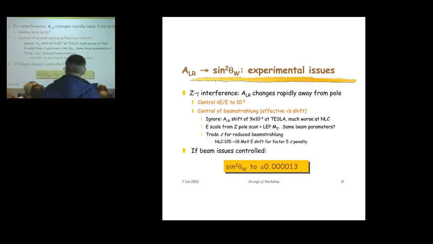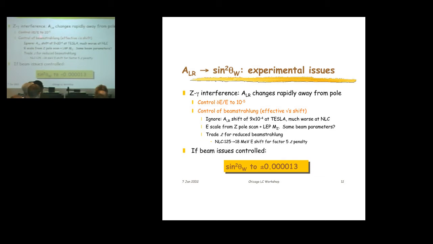With the NLC, you could take the expected shift of about 130 MeV down to about 20 MeV with about a factor of 5 penalty in the luminosity. At Tesla, the numbers are more like 40 MeV going down to essentially nothing for a factor of 5 penalty.